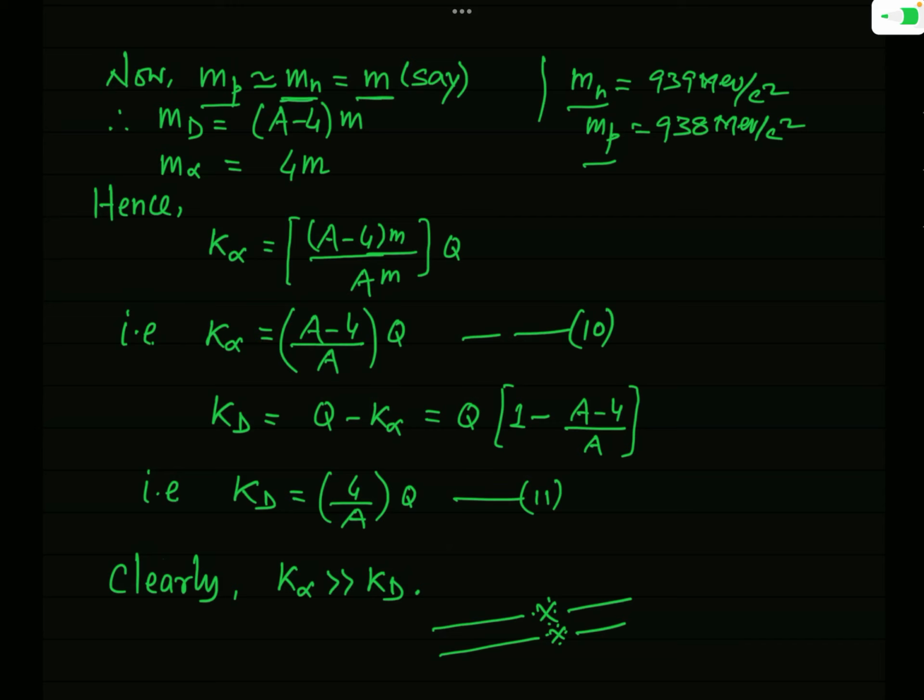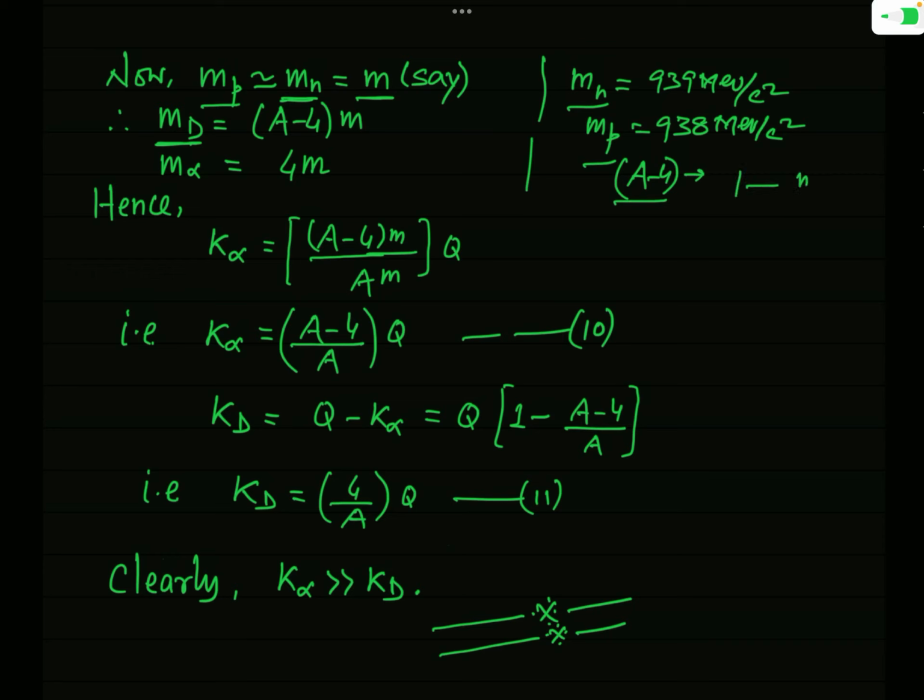So in this condition, what will be the mass of the daughter nucleus? You have seen the daughter nucleus has mass number A minus 4. Mass number simply represents the total number of nucleons. So the daughter nucleus contains A minus 4 nucleons, and the mass of one nucleon is m.